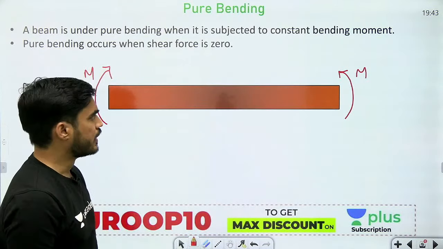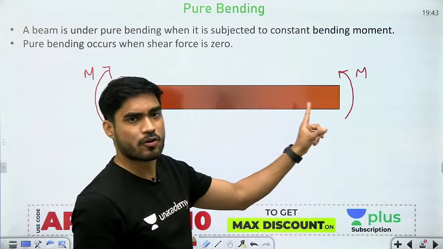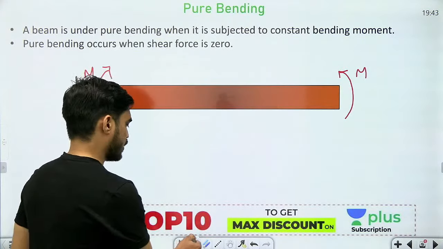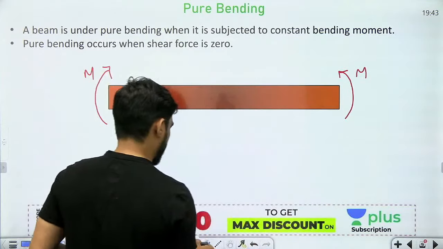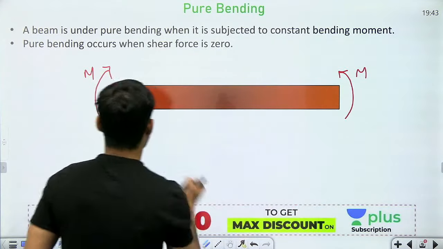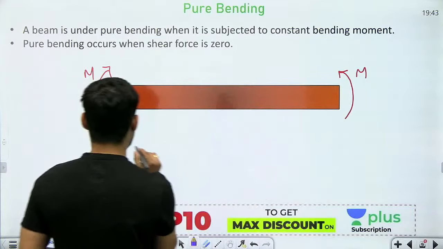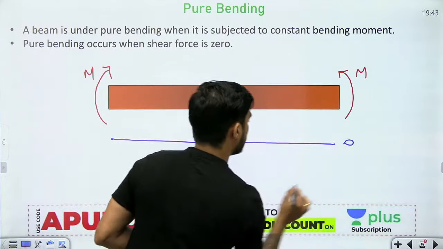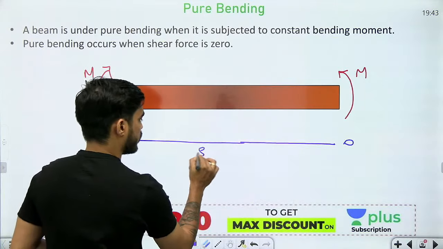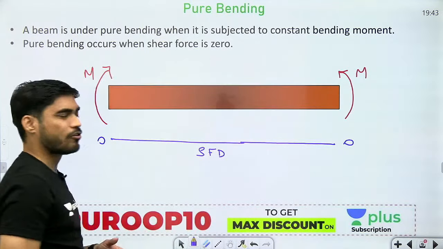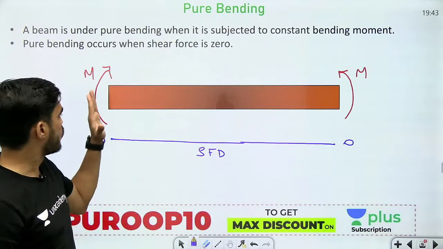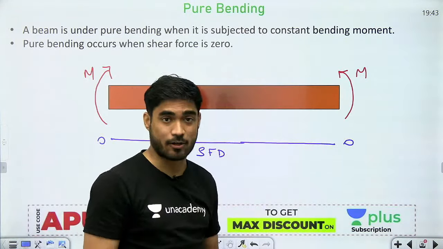Now if you draw the shear force diagram here, then from one section to another section, at every point the shear force is going to be zero, because there is no force, there is only moment here. So from this end to this end the shear force is zero.